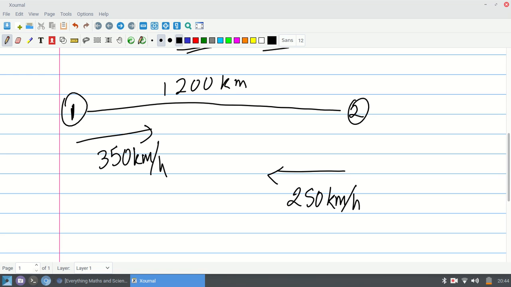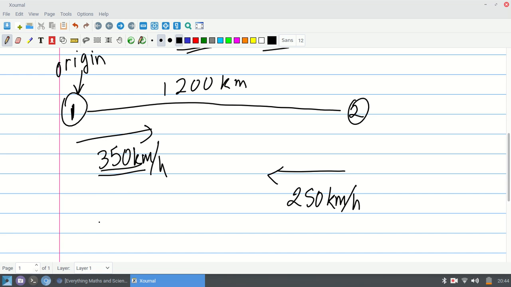Now, let's call this guy the origin, right? This is where we've got a reference point. Then what happens is this airplane that's moving at 350 is moving away from the origin at 350 kilometers every hour.